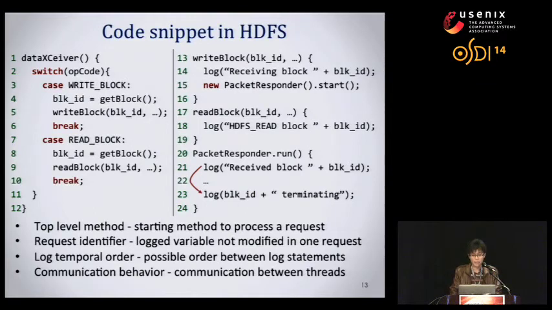And the last information we need is how threads communicate with each other, in order to group logs printed by different threads for the same request. Like in the example, write block communicates with a packet responder through thread creation.